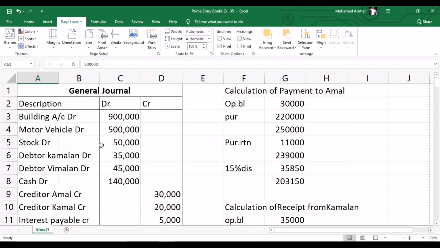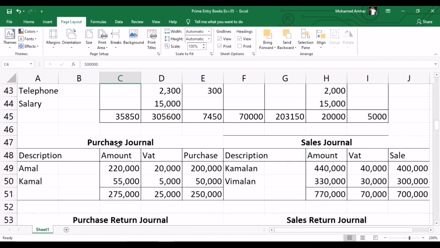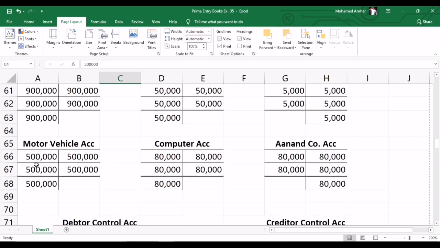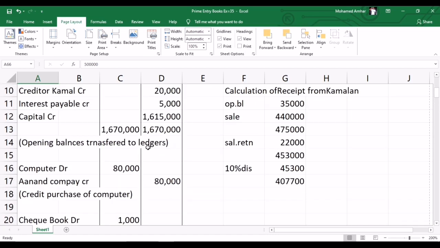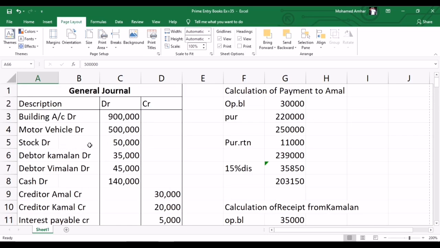Next, motor vehicle debit 500,000. It should be debited to motor vehicle account. Open a motor vehicle account here, we debit. Right.